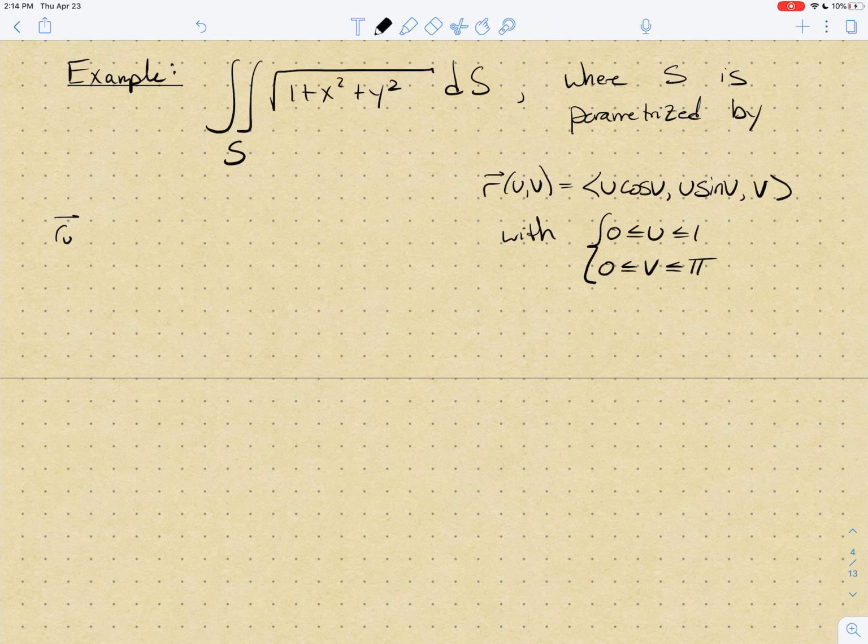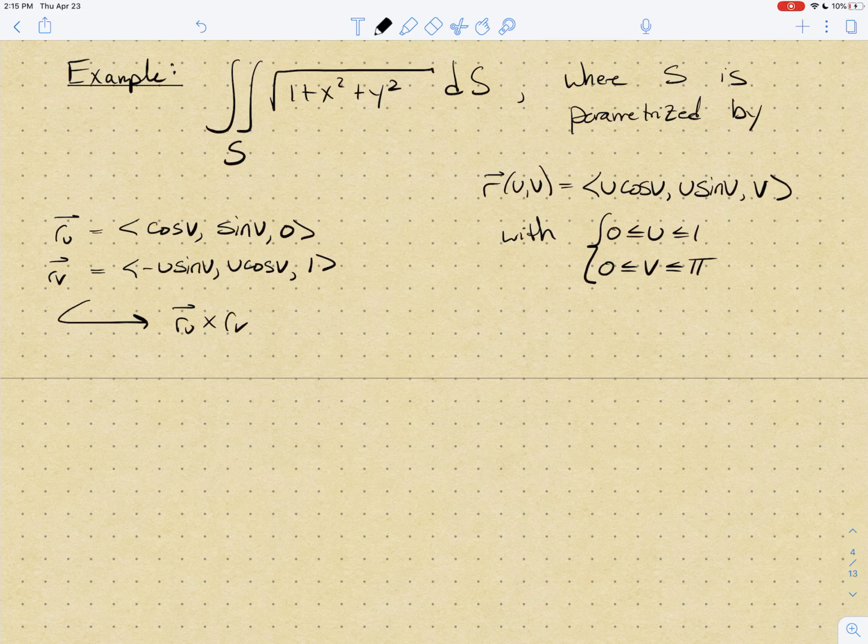So I need to compute r partial u, and I'm going to get what? Cosine v, sine v, and 0. And then I'm going to compute r partial v, and I'm going to get minus u sine v, u cosine v, and 1. I want to compute their cross product, and I'm going to get r partial u cross r partial v is what?